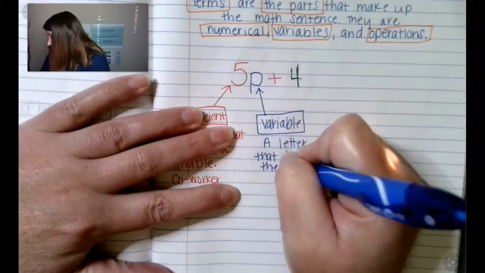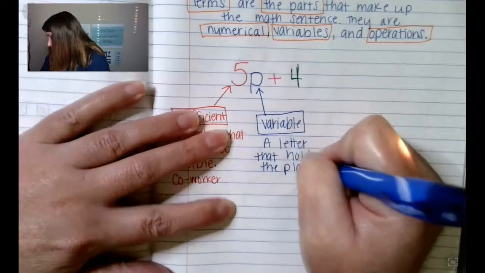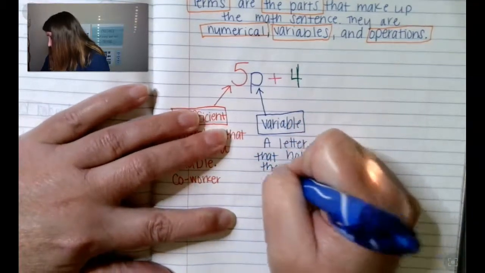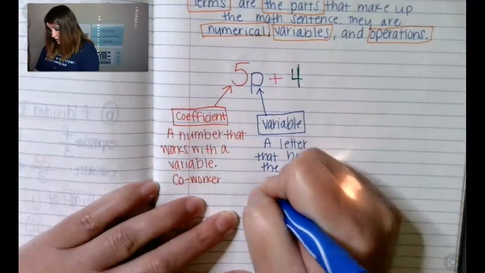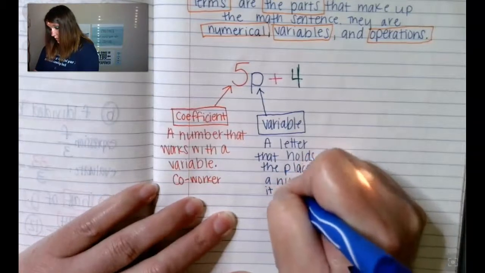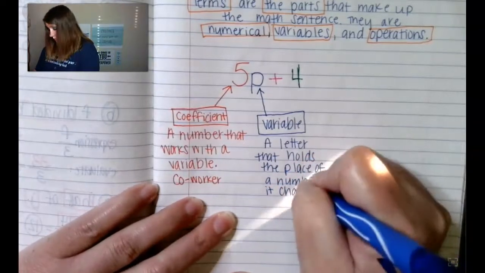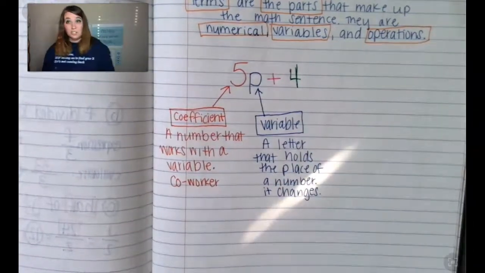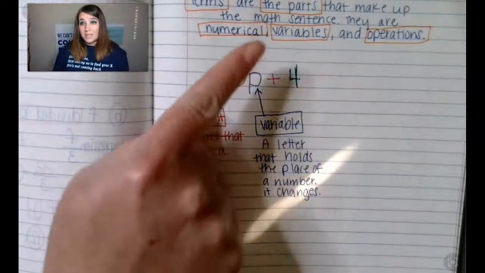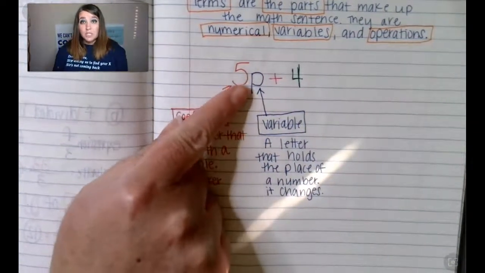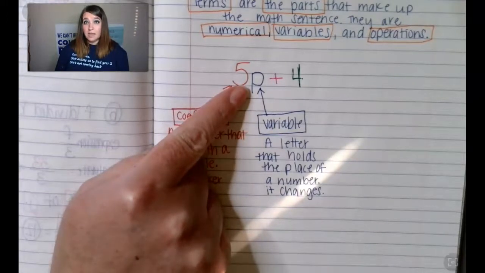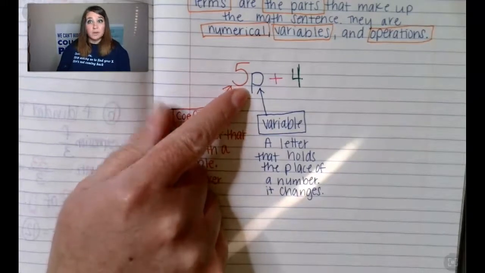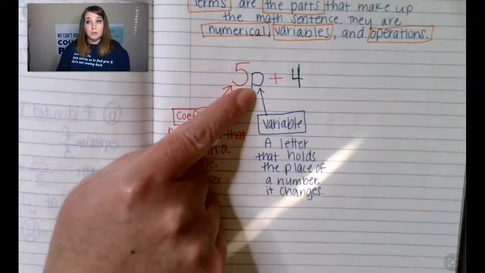The letter that holds the place of a number. It changes. It will not always be the same. So this number here will change often. So keep that in mind. This number will not always be the same number.